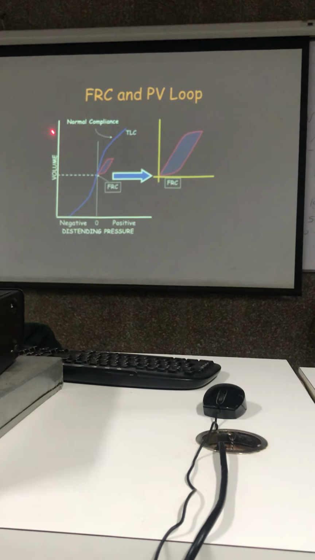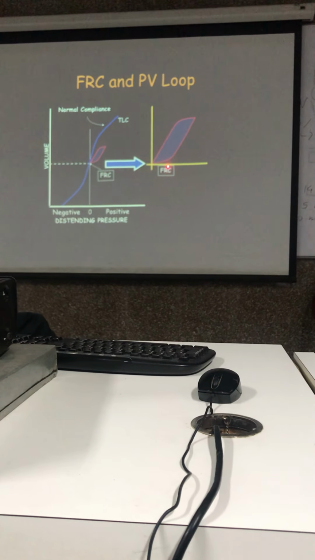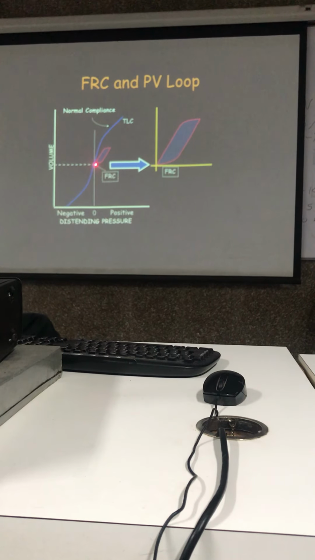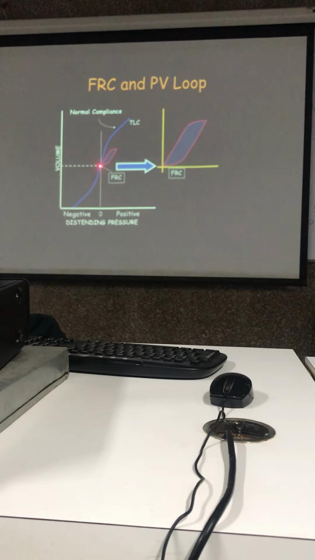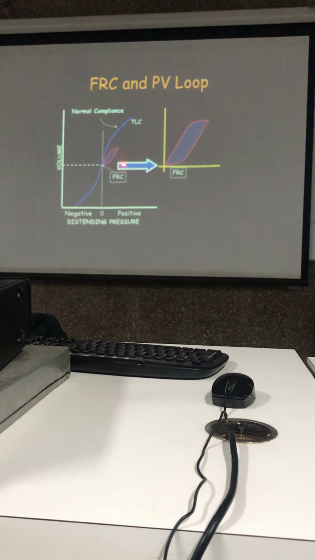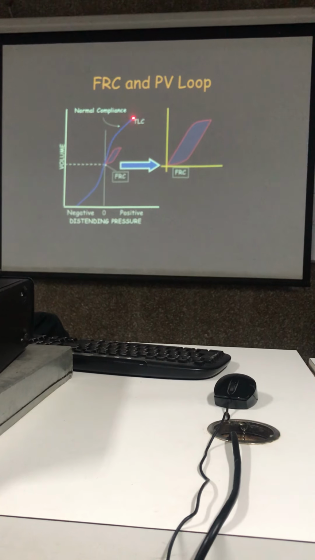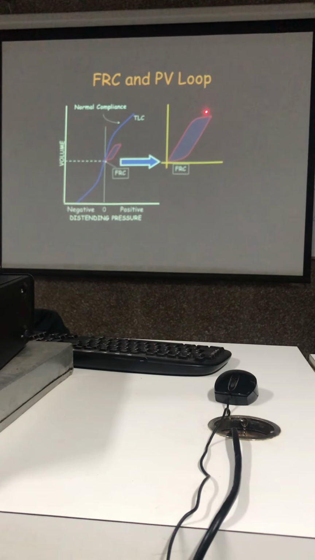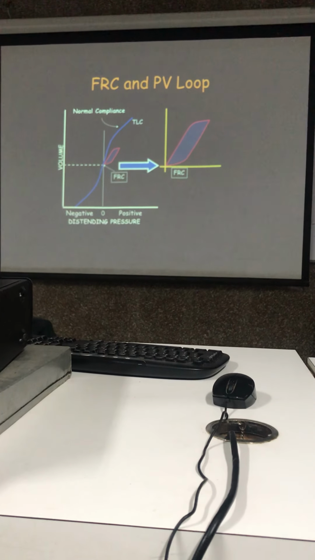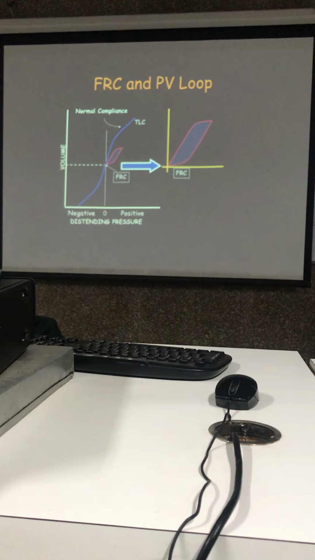If you take the flow volume loop here, you will see that this is where the functional residual capacity of the lung is, and this is the flow pattern that you can see. And if you see the compliance of a normal lung with the total lung capacity, this is how the PV loop will look. Okay? The pressure volume will look like this particular pattern.